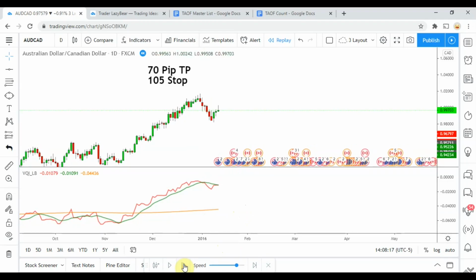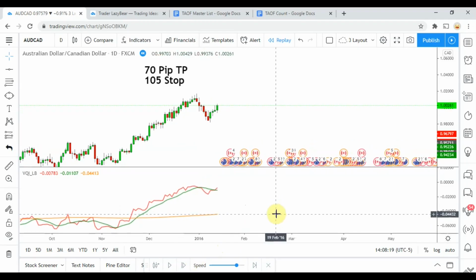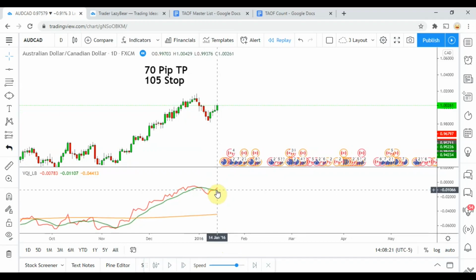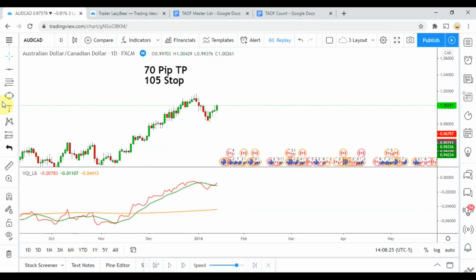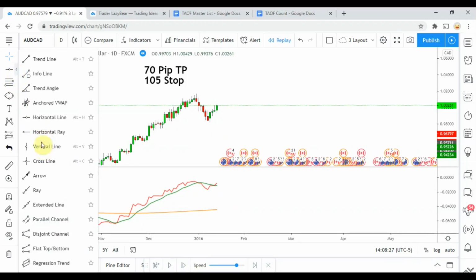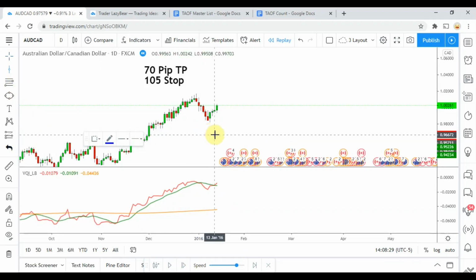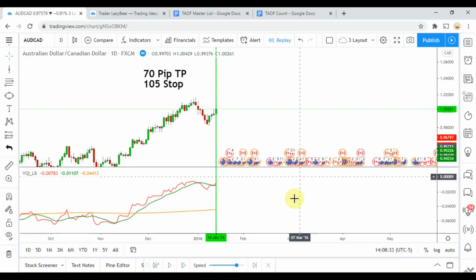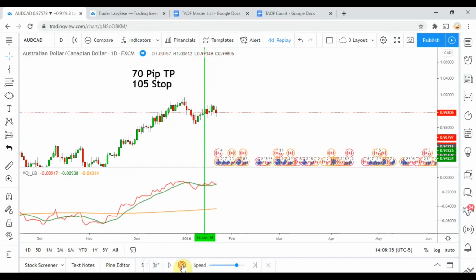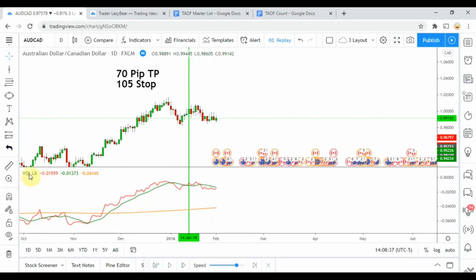We are just going to continue to watch this, and now we have the red line crossing up above the green line, and that is a buy signal. And so we have a buy signal right here, and we'll go ahead and play it out a little bit and see what happens.